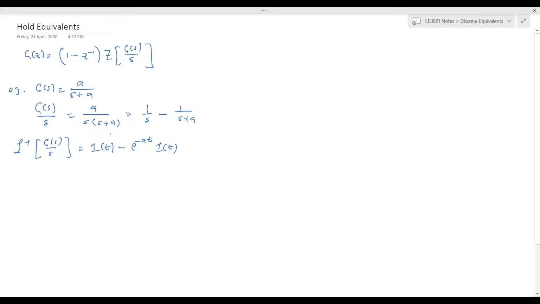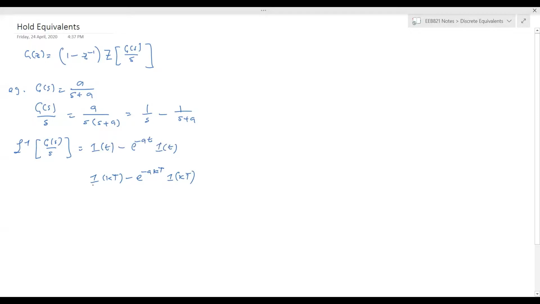Now we can do the z transform. Instead of t, we take the samples kT, so we have 1 of kT minus e to the power minus a kT times 1 of kT.